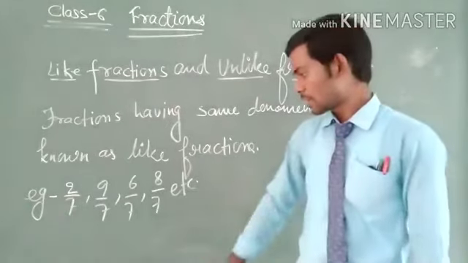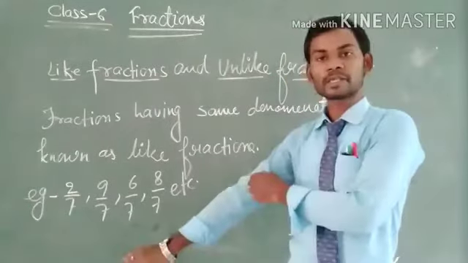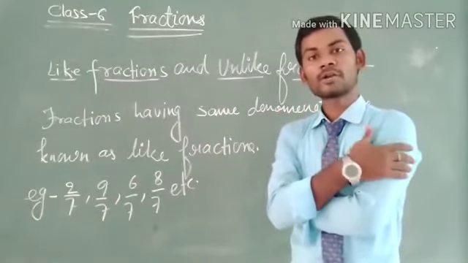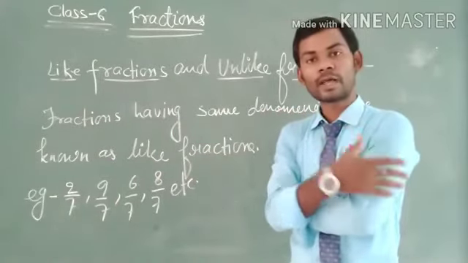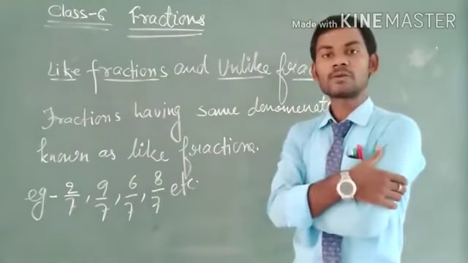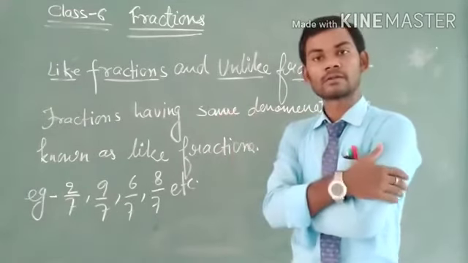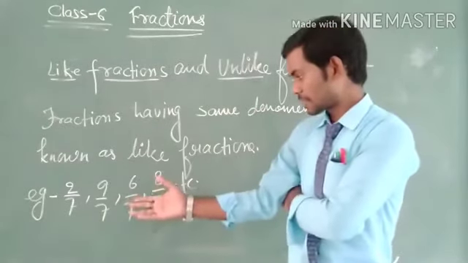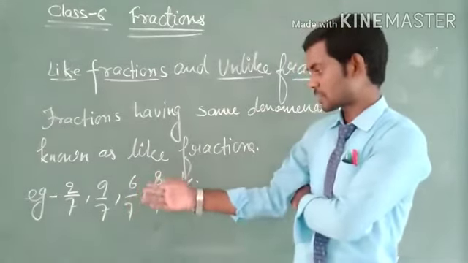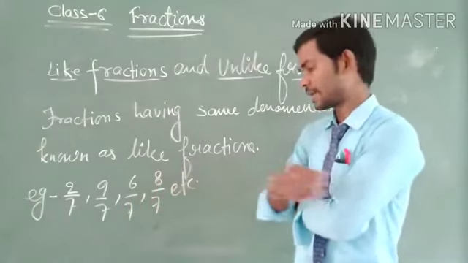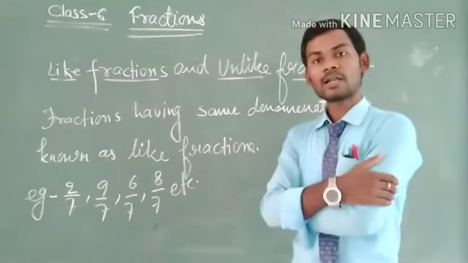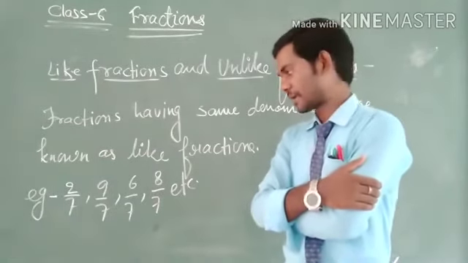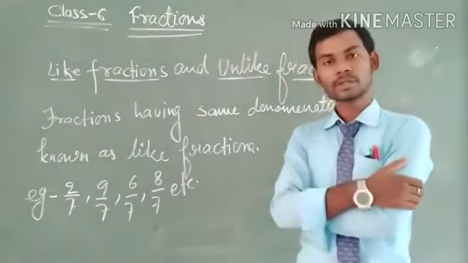Okay, so in these fractions, if we see the denominators, we find that the denominators of all the fractions are equal and they are 7. That's why we say that the given fractions 2 upon 7, 9 upon 7, 6 upon 7 and 8 upon 7 are all like fractions.